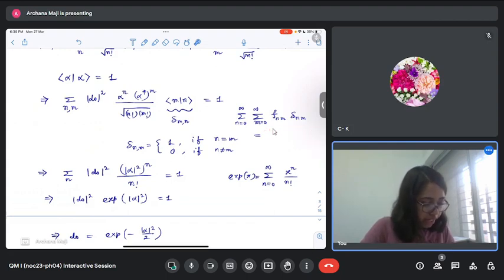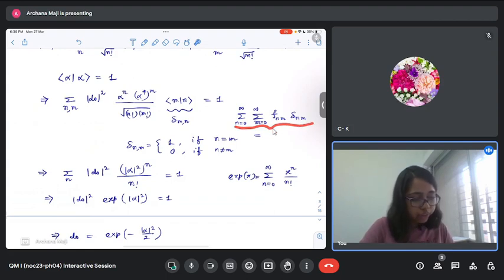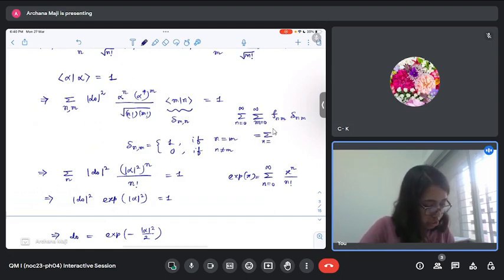But this entire thing will be non-vanishing only when m is equal to n, because of this property of the delta function. Delta n comma m equals 1 if and only if n and m both are the same. So we can take this summation over m equal to 0 to infinity and, wherever there is m, replace that m by n. So this is equal to summation over n equal to 0 to infinity of f of n.